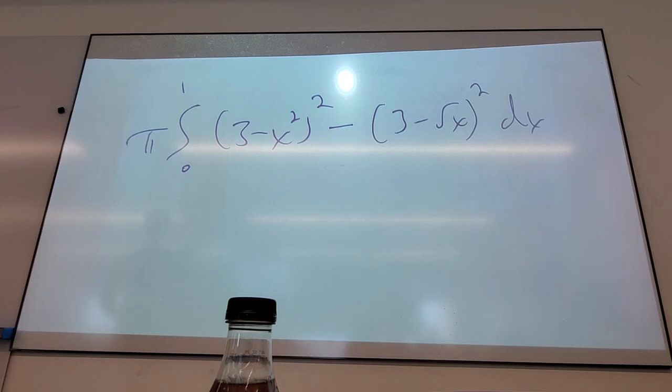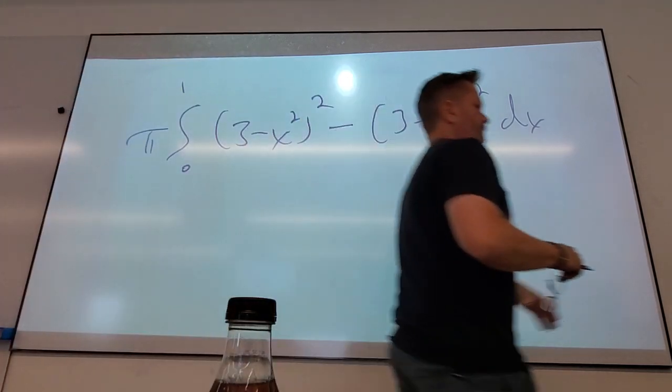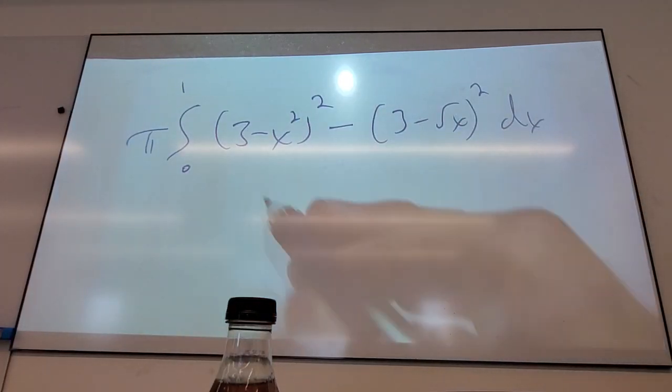So I would FOIL, combine like terms, and then integrate. Some of you guys are doing the classic, you don't integrate. I think it's because part of your brain is like, I did a lot of work, I must be almost done. But here, I've got to simplify the inside, and then I've got to integrate. So don't forget to integrate. Are you guys with me? So what do you get when you FOIL this bad boy out?